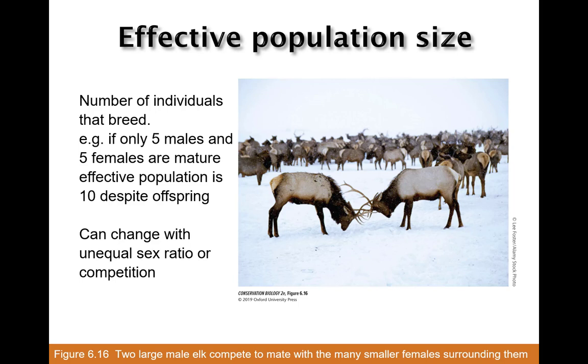When we figure out effective population size, what we're really talking about is the number of individuals that breed. And so if we have thousands of animals, but only a handful of them are mature enough to breed, only those mature animals that are breeding can actually be counted as the effective population. And that changes with things like unequal sex ratios. If we have 3 males and 5 females, well then really we only have an effective breeding population of 8.